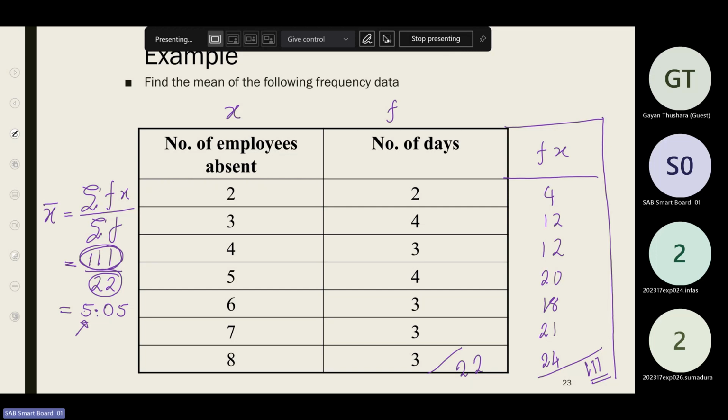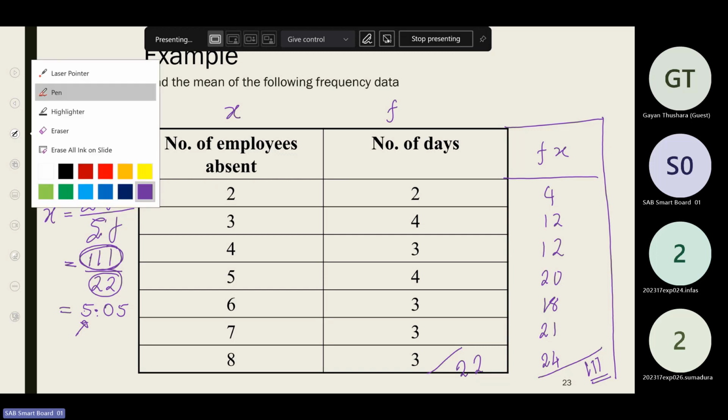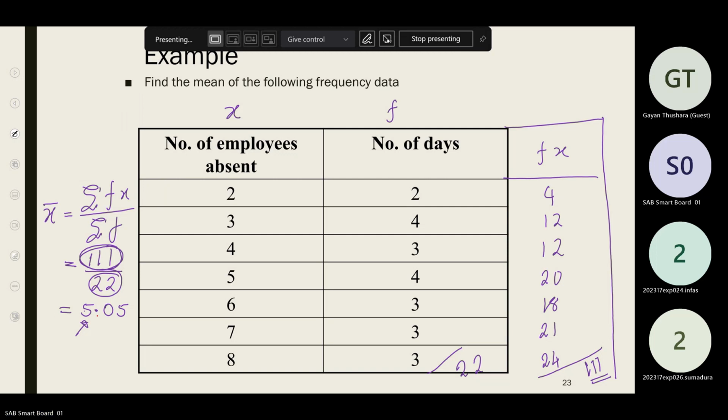So this is the average number of employees absent per day. Average number of employees absent per day. So we calculated and interpreted it.